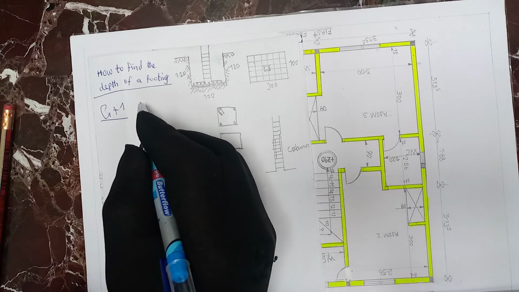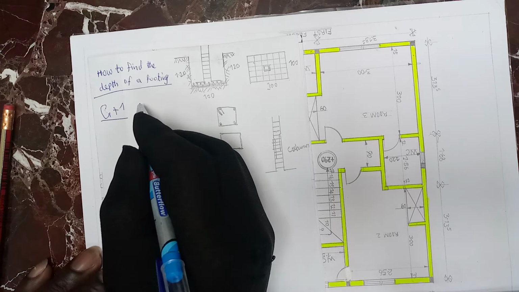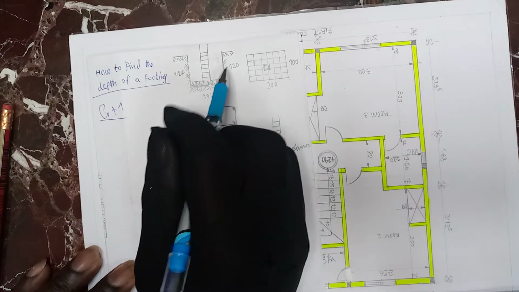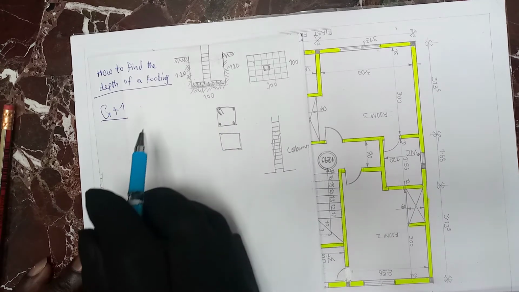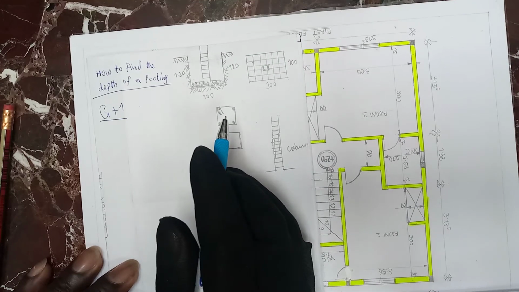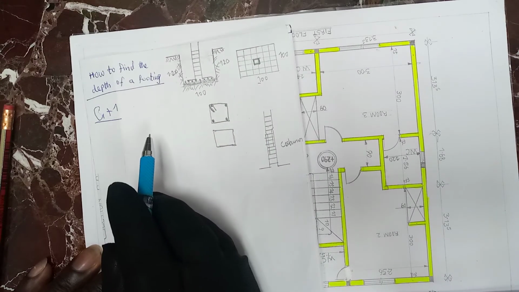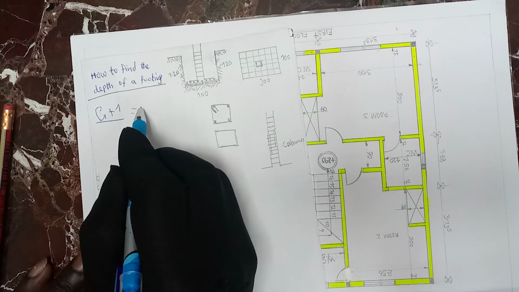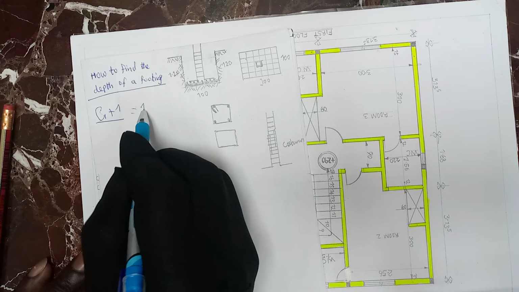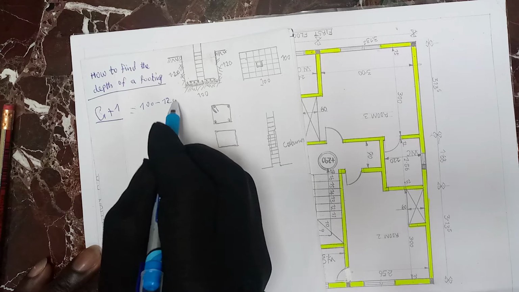If the depth is 1 meter 20, then the width of the footing must be at least 1 meter. So this is for G plus 1: 1 meter to 1 meter 20 for depth.